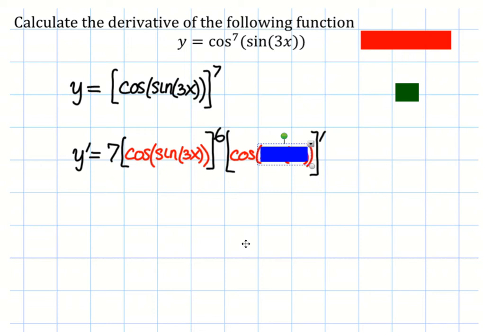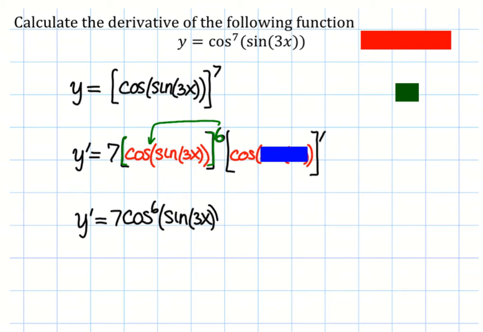We just take the derivative of the outside function. Right. So 7. If we don't want to write this bracket, we can just take the 6th power and put that right here. So we just have cosine to the 6th power of sine of 3x. Right, so that's the first part.